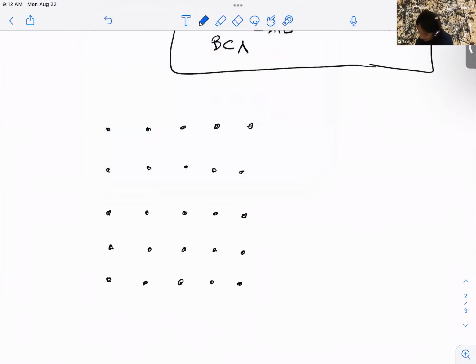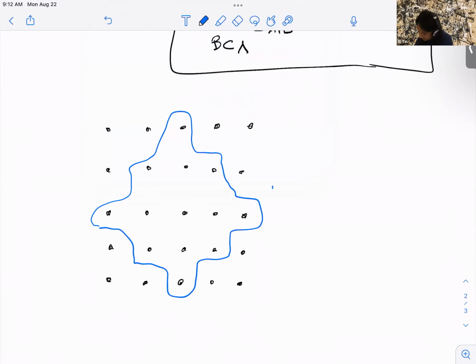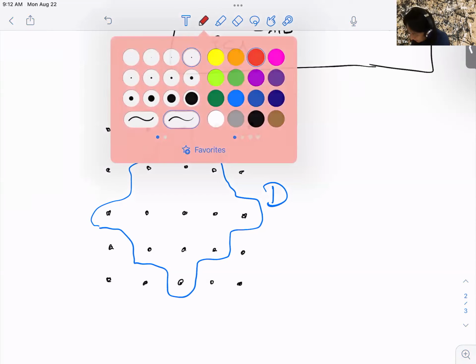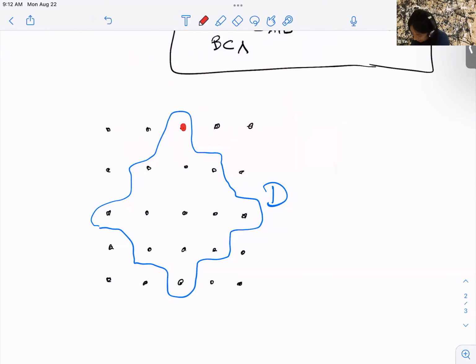Let's say this is my domain. Let's call it D. The D consists of some lattice points. The reason I want to pick a domain is just to say that I'm going to be looking at a set A, and the A could be something like this.